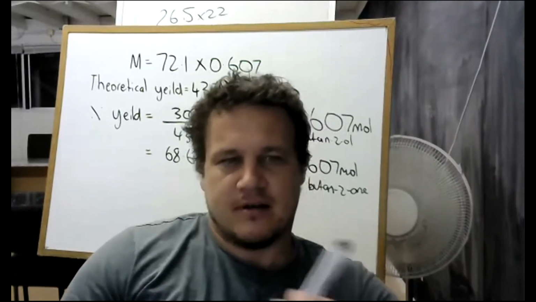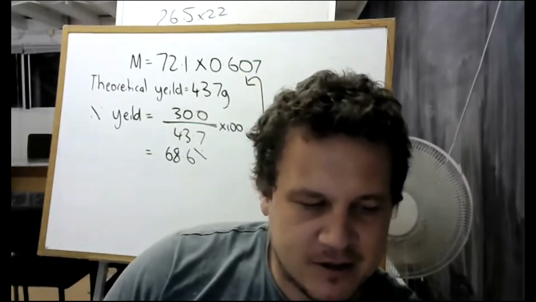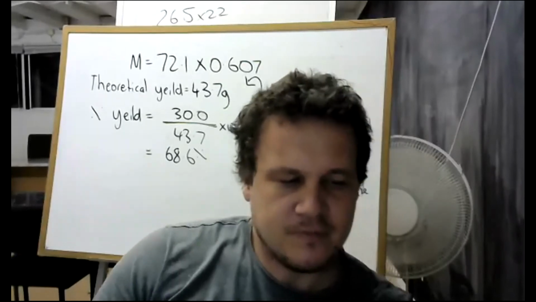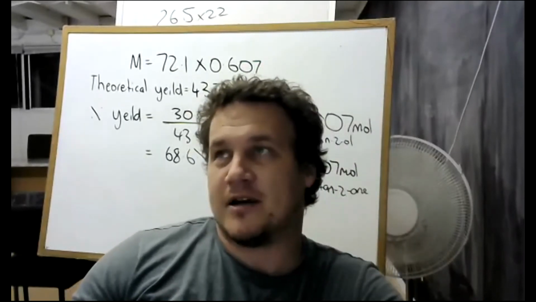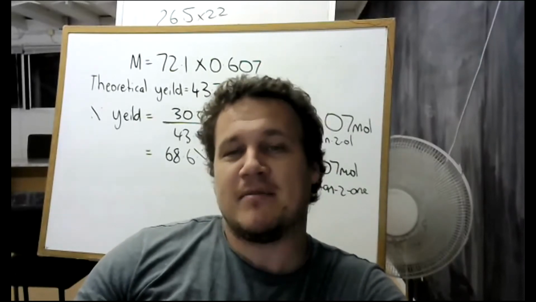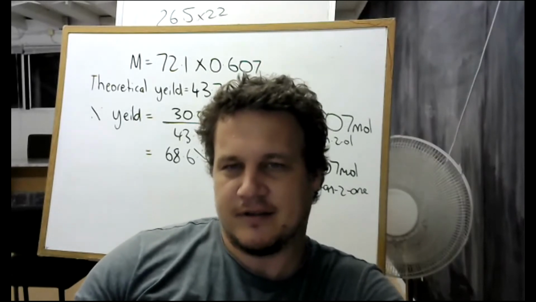Use the molar ratio from the balanced equation to figure out how many moles of product can be produced.